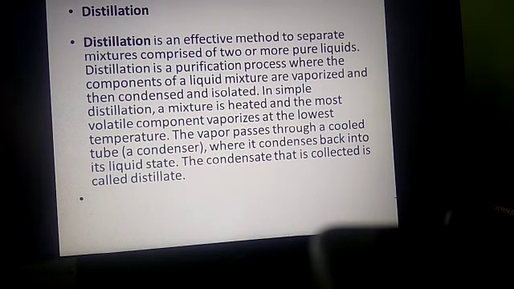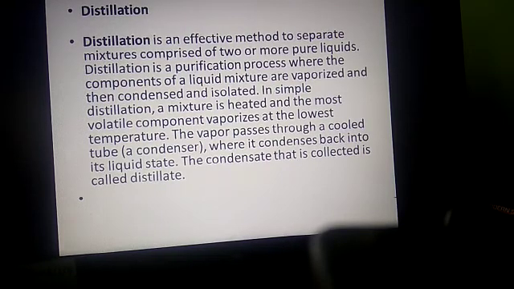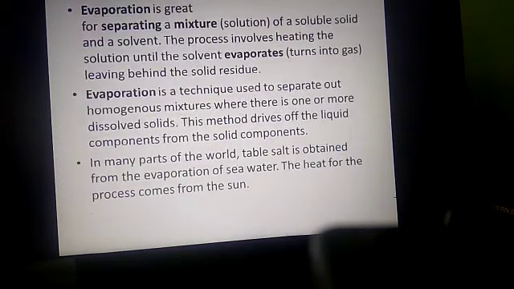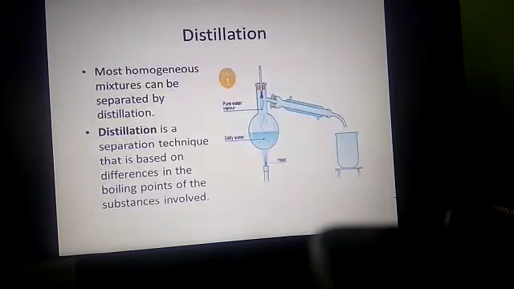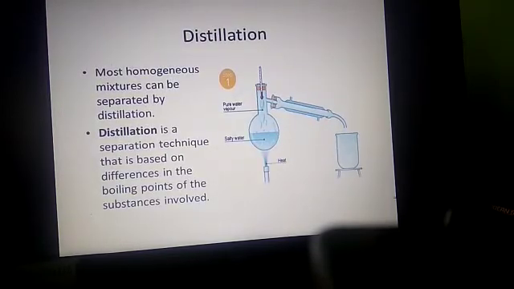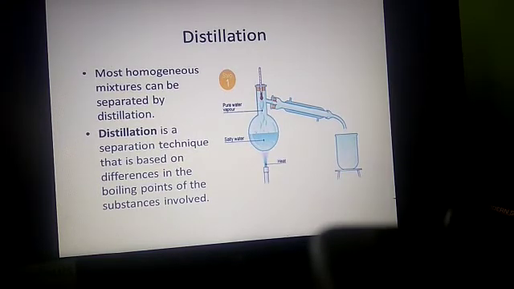The process of distillation is completed. And this is about the distillation process. See the distillation. Homogeneous mixtures can be separated by distillation. It is based on the difference in the boiling points of the substances involved. See, pure water.